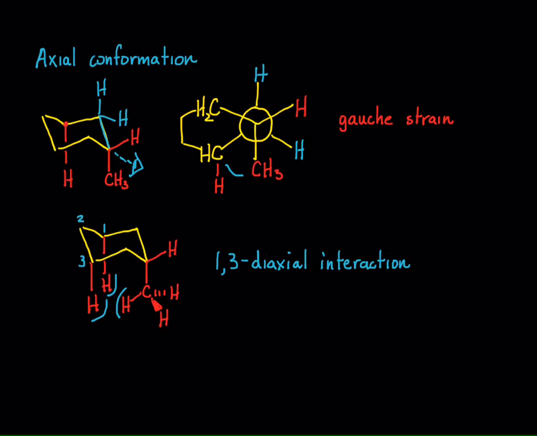One's on some arbitrary carbon number 1, and the other is on carbon number 3 relative to it, right? So there are two types of strain associated with the methyl group being in the axial conformation. One is that gauche strain, and the other is a 1,3 diaxial repulsion.